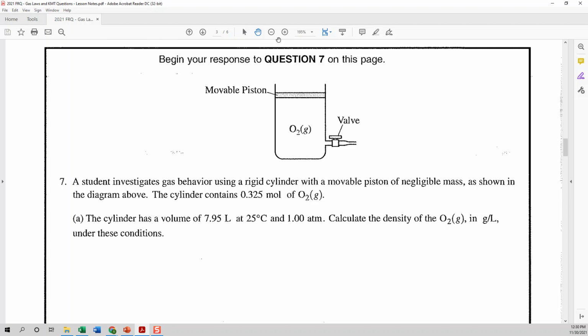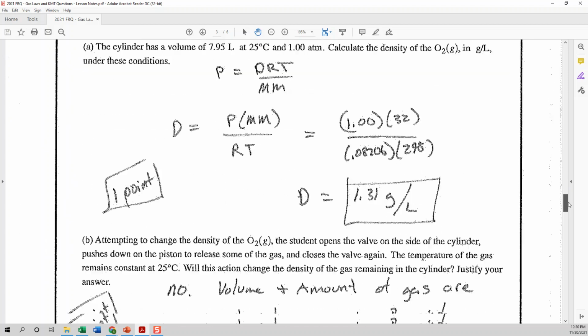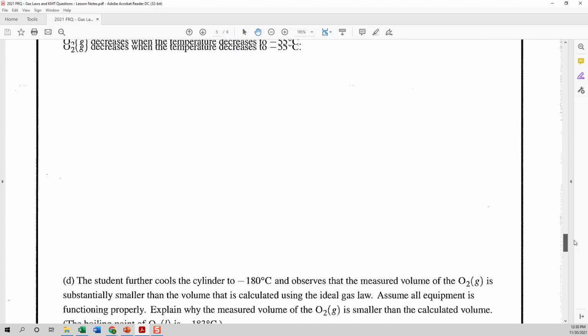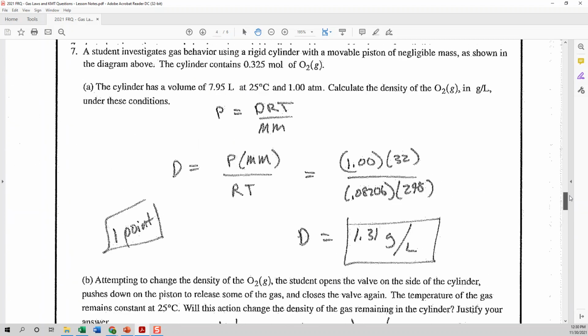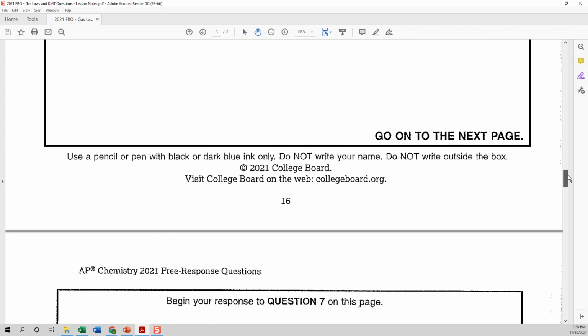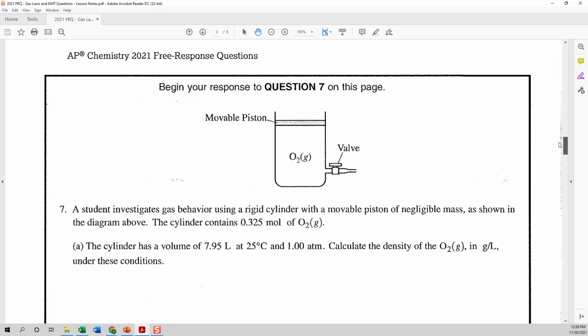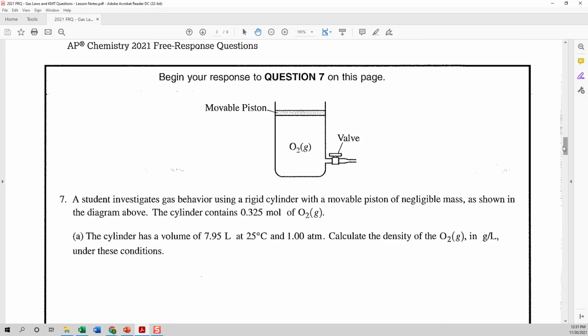And then if we go to question 7, this is a 4-part question, so a 4-point question. And it's all about KMT and gas laws, okay? And so that's going to be 7 total points. So 7 out of the 46 points came from 3-1 and 3-2 on last year's exam.